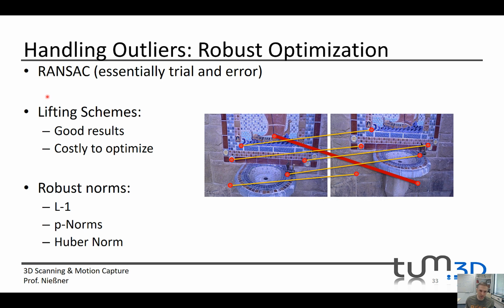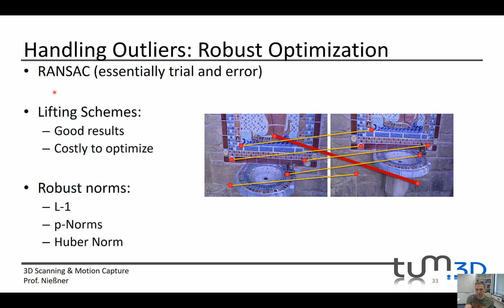There are also lifting schemes. Lifting schemes means you're adding unknown variables to each correspondence, and you're jointly solving for the confidence of how important that correspondence is.